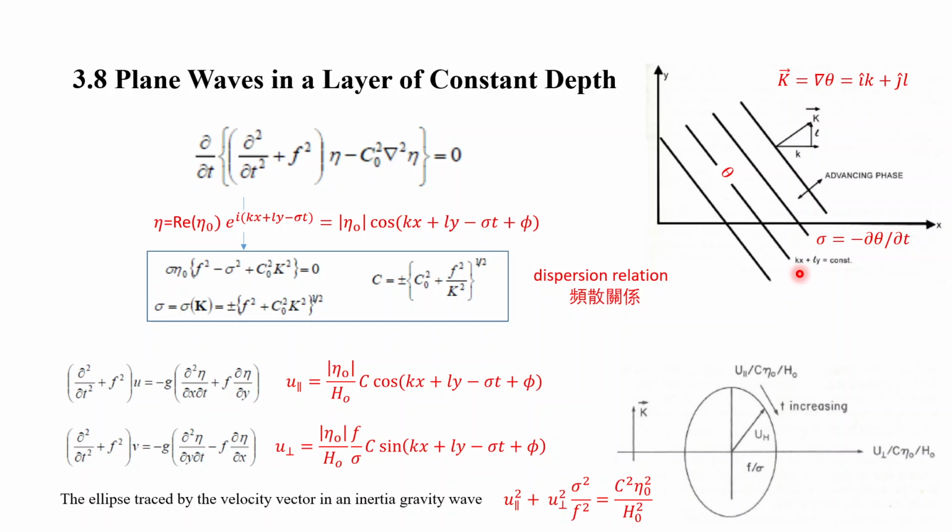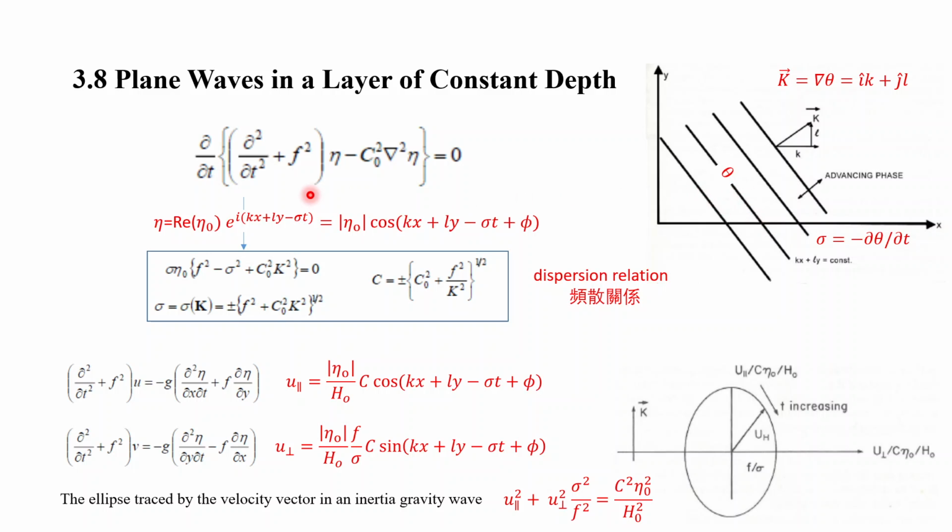The k is the so-called zonal wave number. l is the meridional wave number, and the zonal and meridional wave numbers can be written in vector form. It's called the capital K, a wave number K, which is defined as the gradient of the phase lines.